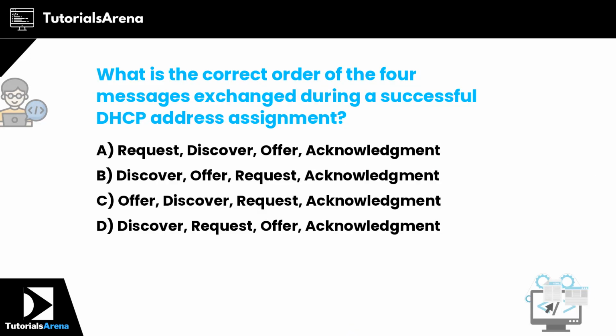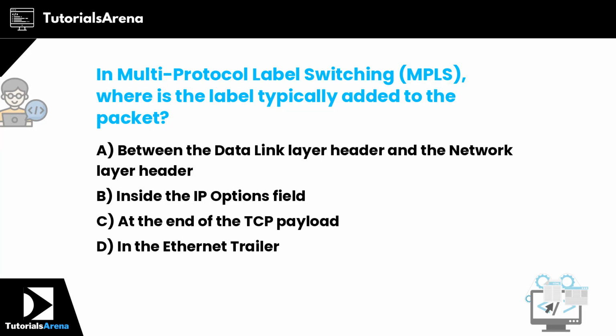What is the correct order of the 4 messages exchanged during a successful DHCP address assignment? The correct answer is option B, discover, offer, request, acknowledgement. In multi-protocol label switching, MPLS, where is the label typically added to the packet?